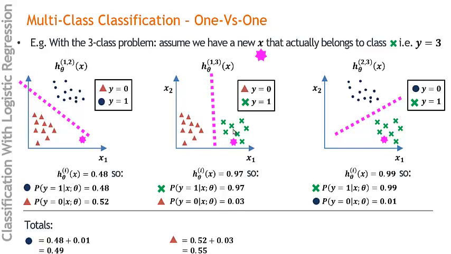Finally, for the X class, I have 2 tests that involved the X class. This one gave me 0.97, this one gave me 0.99. You can see that in this case, my score is much higher. So I have a score for each of the classes. I choose the class with the highest score. Right? So this is a different procedure from when we're doing one versus many.